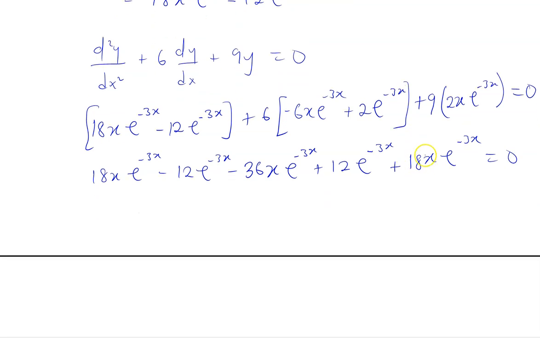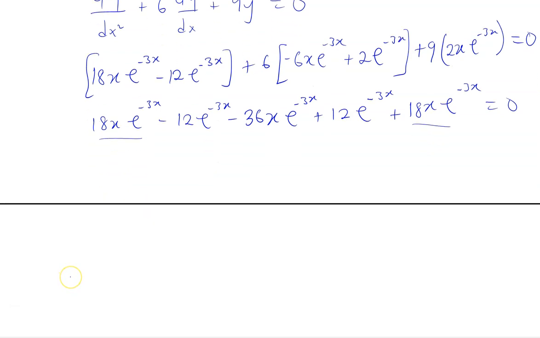So what do we have? You see that this 18 and this 18 are the same term, so I can add them. 18 plus 18 is 36. So we have 36x e^(-3x), since they all have x.